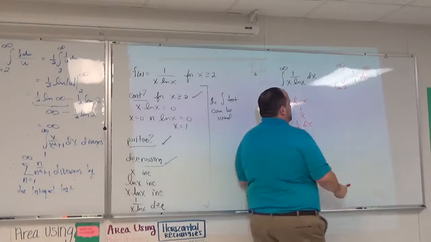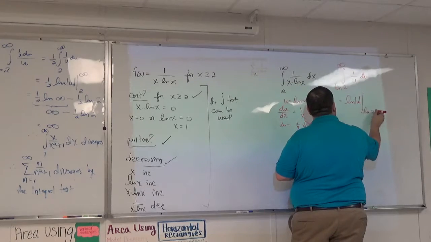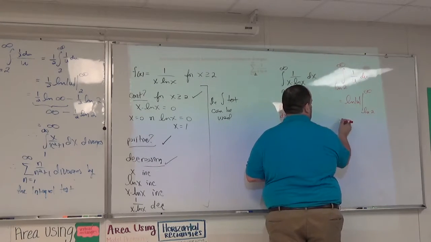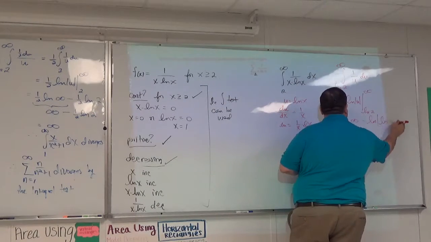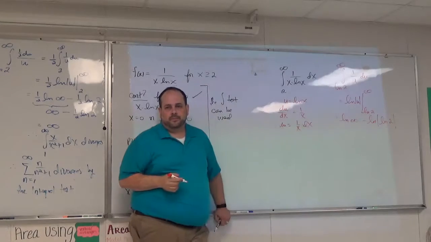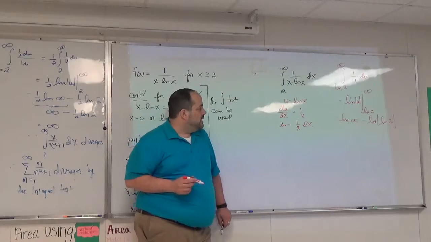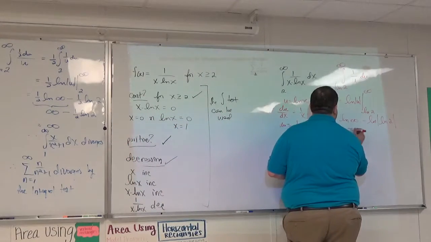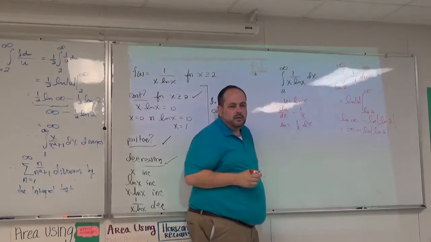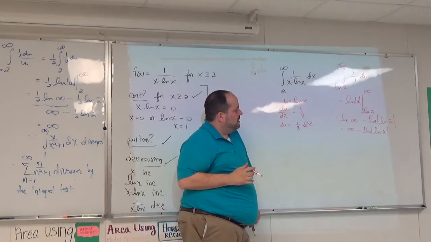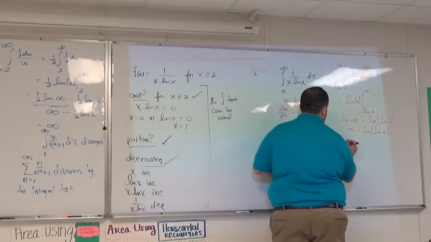I need to integrate 1 over u: the natural log of the absolute value of u from the natural log of 2 to infinity. We plug in natural log of infinity minus the natural log of the natural log of 2. Natural log of infinity is infinity. Infinity minus the natural log of the natural log of 2 is infinity.